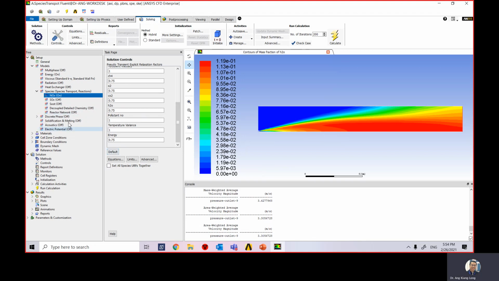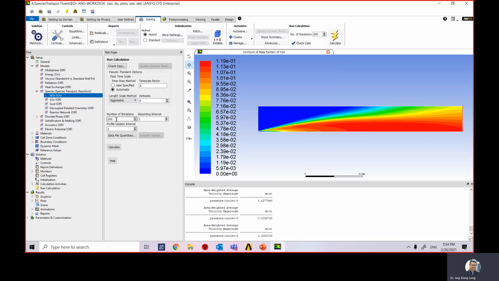Then we'll run the iteration. So go to solving, advanced, and in this case we don't need so many. We just run 25 iterations. The calculation will continue for another 25 iterations. Then we'll run calculate. Okay.